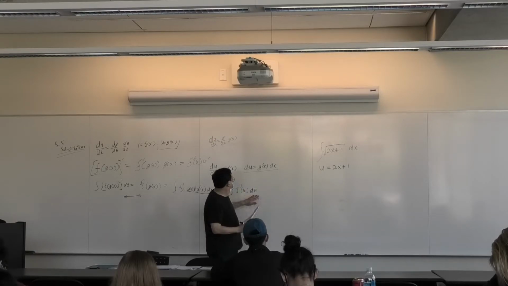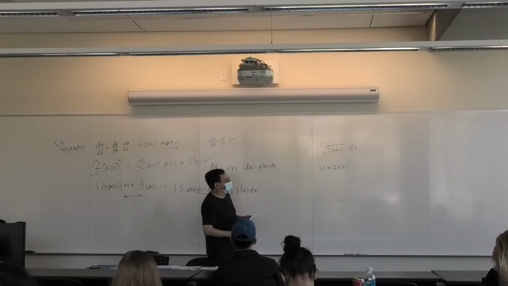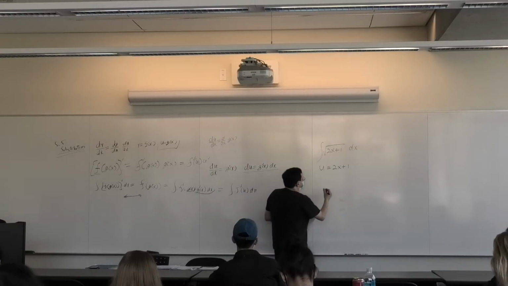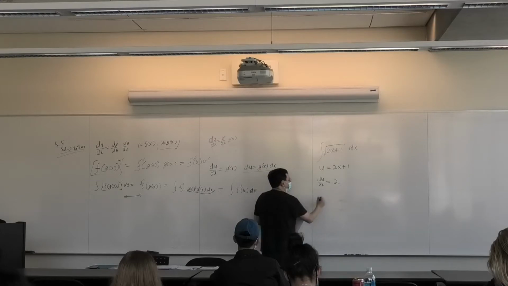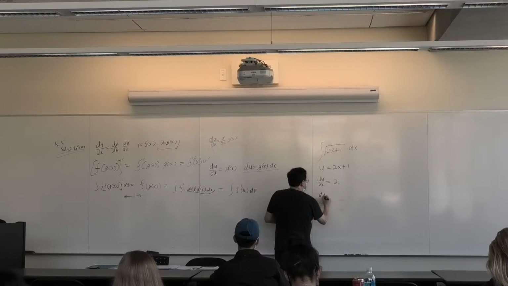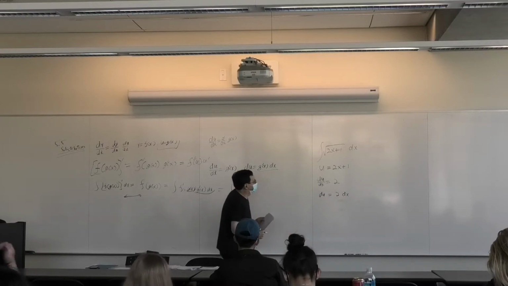Now I'm going to want to find out what this du is, and I'm going to show you the process. It's very simple to get this. I'm going to do it in 2 steps. du dx equals 2, so du equals 2 dx.